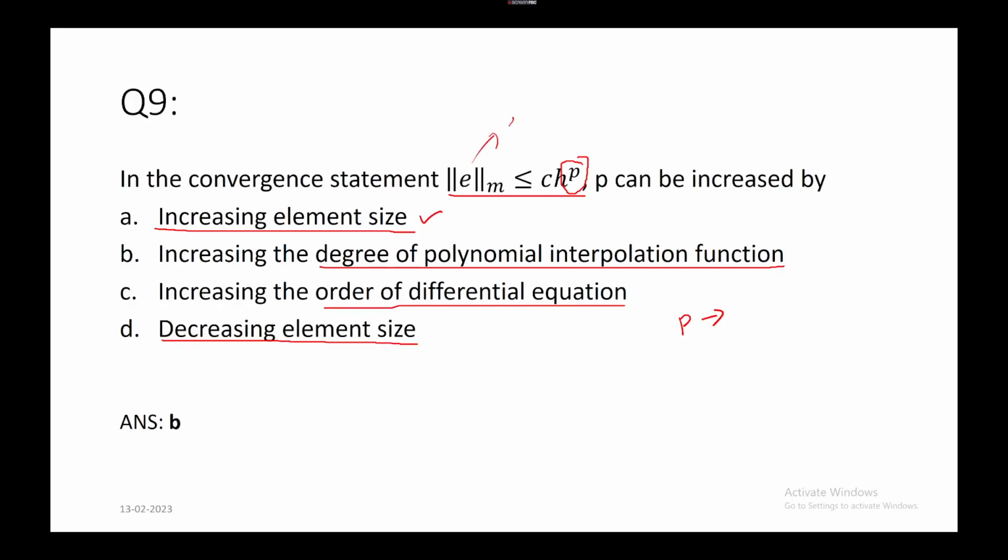The energy norm is less than or equal to C into h power p. Any guesses as to what p indicates? It's actually the rate of convergence.